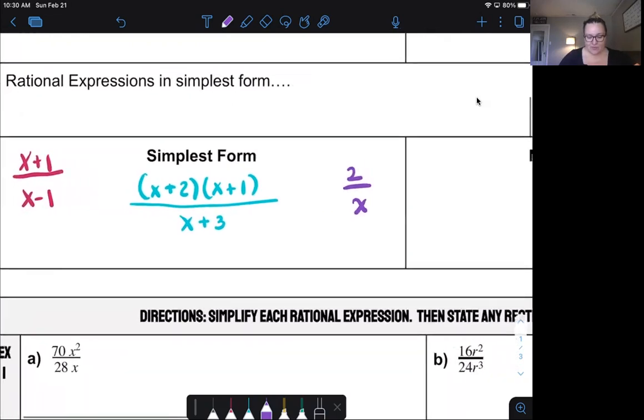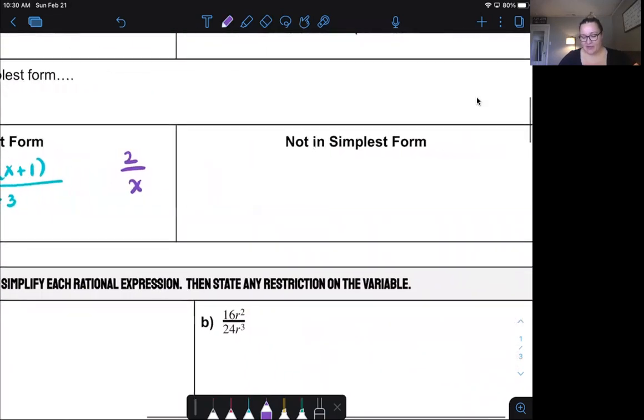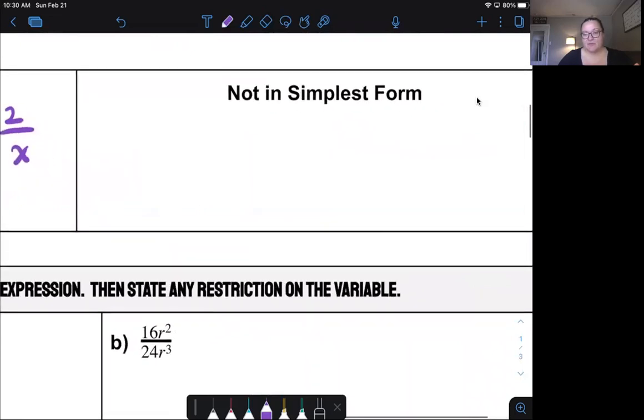Now, an example of a rational expression that's not in simplest form might be x divided by x squared. The reason why this isn't in simplest form is because this is a fraction that can be reduced. So x over x squared is the same thing as x over x times x.